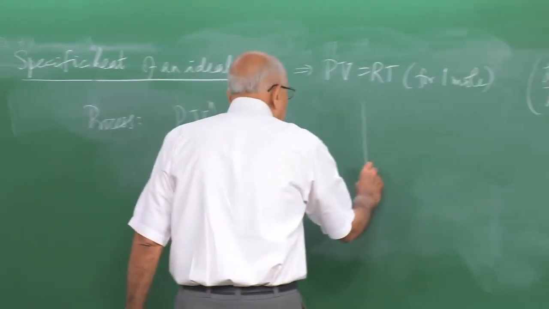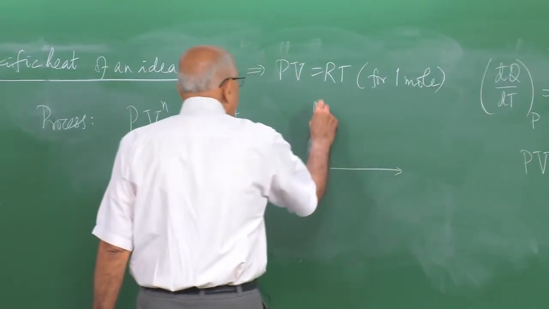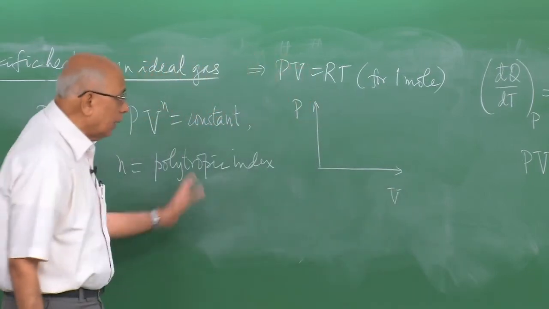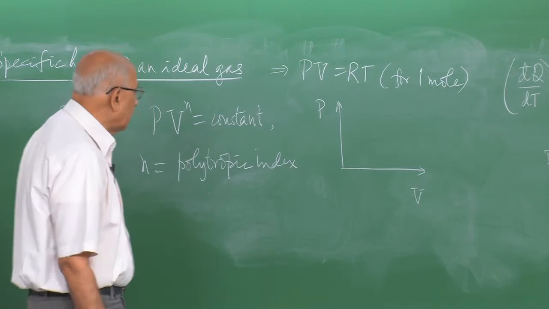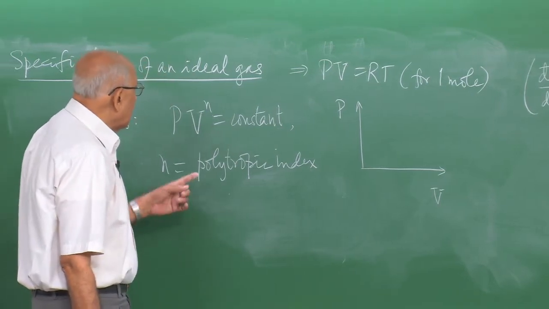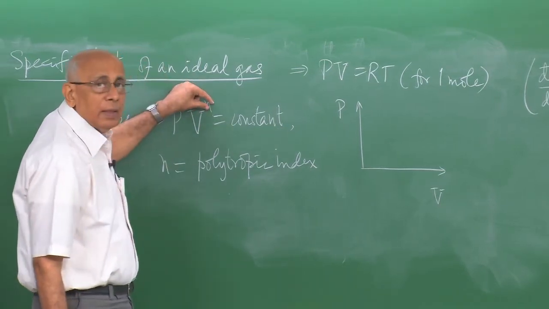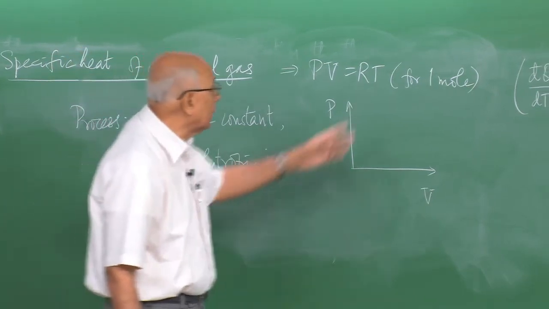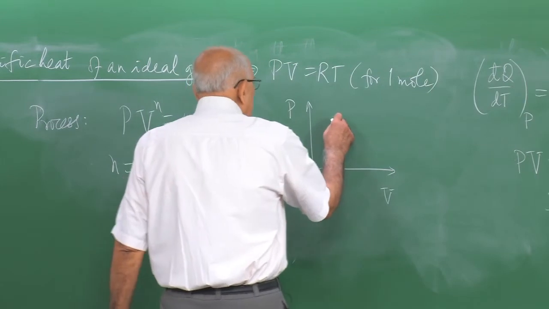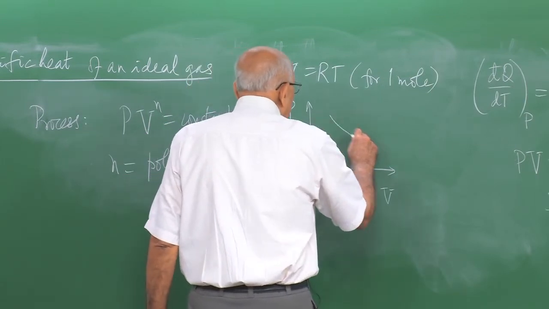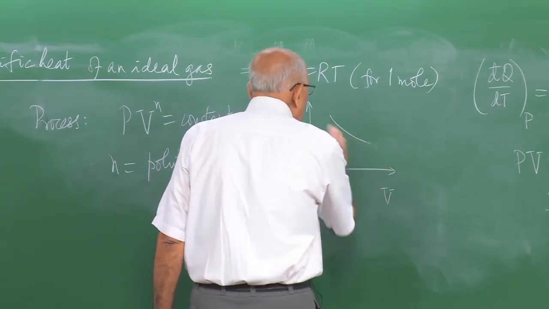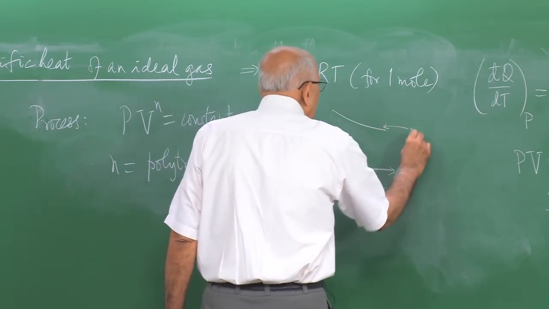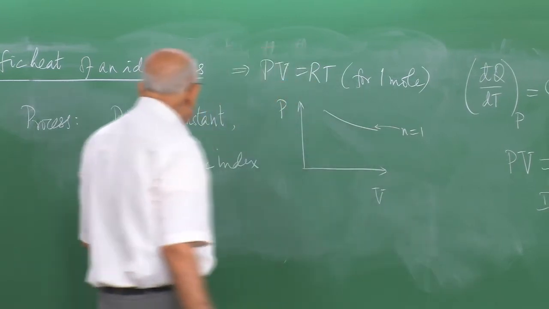So, in the space of P and V, if I plot P here and V here, these can't be negative, so only the first quadrant is involved. Then, as you know, if I put n equal to 1, I get an isothermal process. That is Boyle's law, it says Pv equals constant when T is constant. So, this corresponds to n equal to 1, Pv equal to constant.